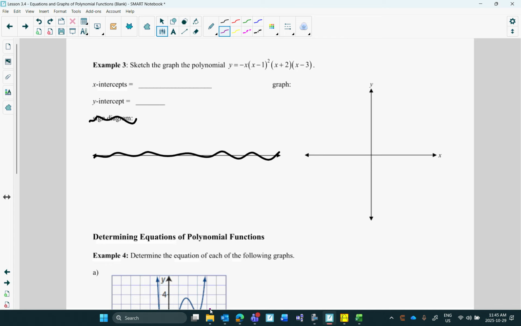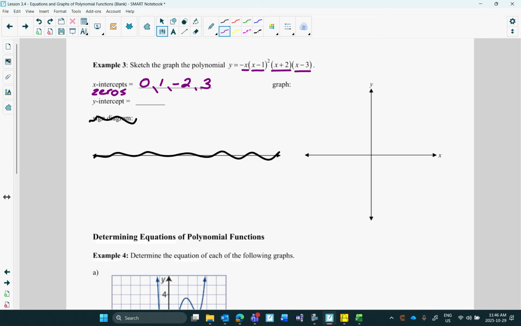So the x-intercepts, or the zeros, and keep using those interchangeably until you know that. All the values of x that make this whole thing 0. What value of x makes this 0? 0. What value of x makes this 0? 1. This one? -2. And 3.